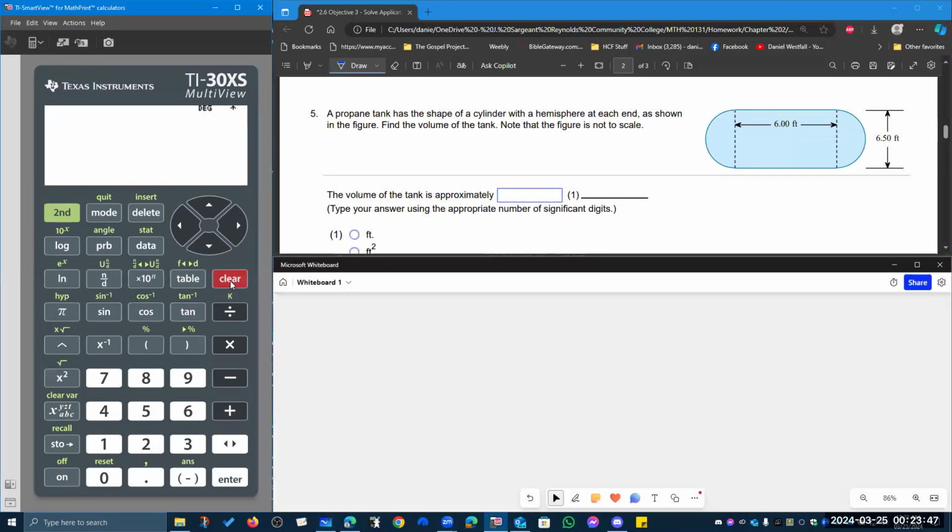The next problem says this propane tank has the shape of a cylinder with a hemisphere at each end as shown. So it looks like a capsule. Find the volume of the tank. Note that the figure is not to scale. So the volume of the tank is going to be these two hemispheres added together, which will be a sphere, plus this cylinder piece.